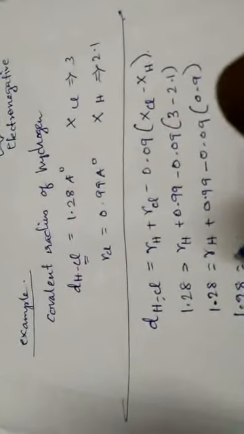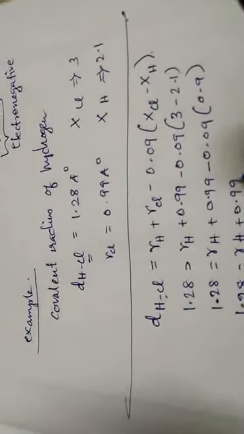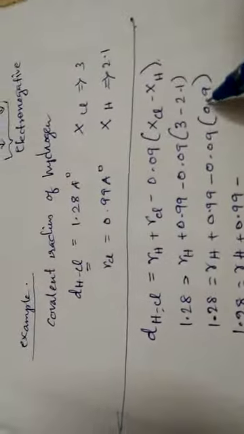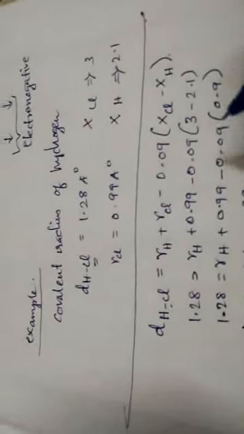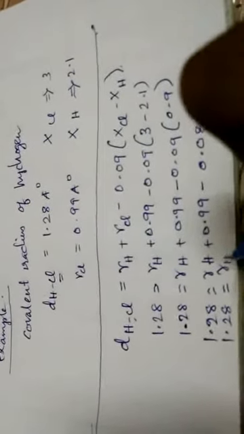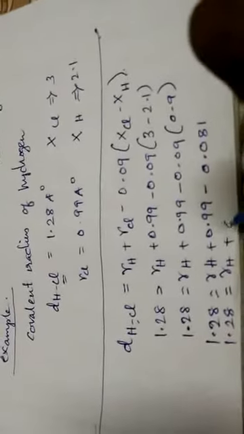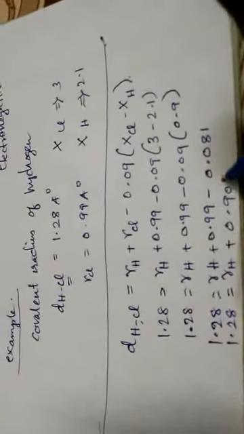1.28 equal to radius of hydrogen plus 0.99, minus 0.09 multiply 0.9 means 0.081. 1.28 equal to radius of hydrogen plus that, 0.99 minus 0.081 means 0.909.